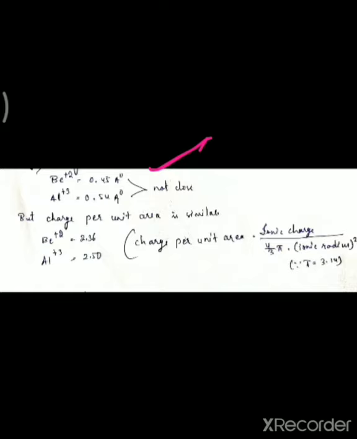The size of beryllium is 0.45 Angstrom and aluminum is 0.54 Angstrom, which is not nearly equal. In that case, we will count on the basis of the charge. Charge per unit area will be calculated.